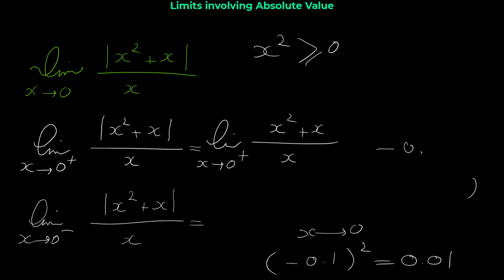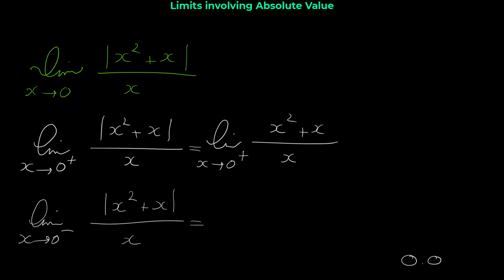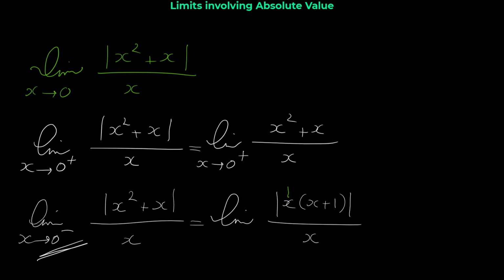But how can we prove mathematically that the expression inside the absolute value is negative when x approaches 0 from the left? Let me show you. We are going to factor the expression inside the absolute value. We can write it as x times x plus 1 over x. Now attention, if x approaches 0 from the left, x here is negative, because x is less than 0.